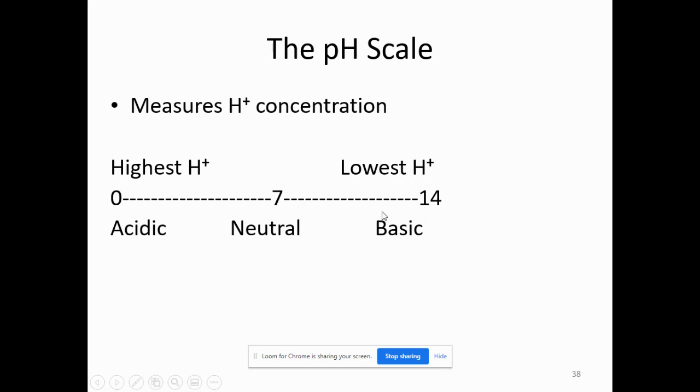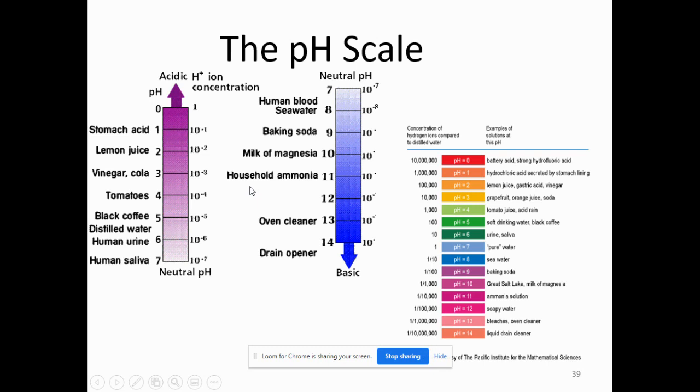If you go above 7 toward the basic end, you're increasing the hydroxide, OH negative, concentration, but lowering the hydrogen ion concentration. Now, this is what's considered a log scale, meaning that if you go from pH 7 to pH 6, you don't have just one time more hydrogen ions in solution. That's 10 times more.